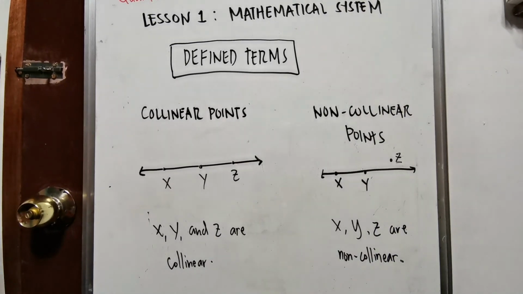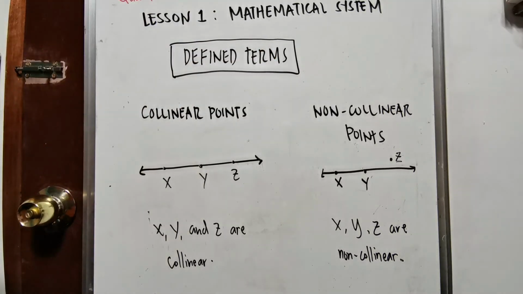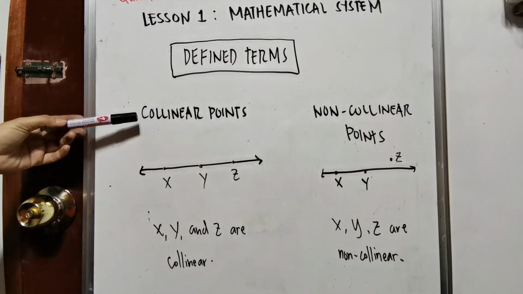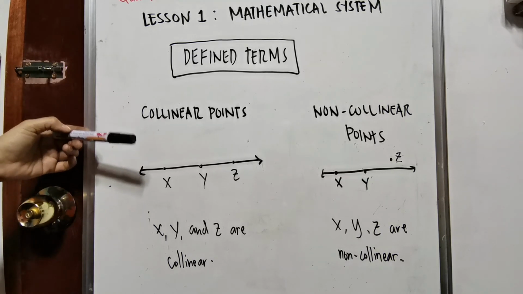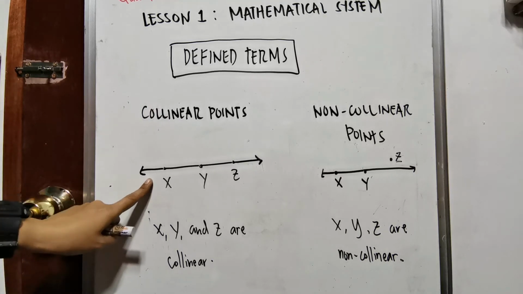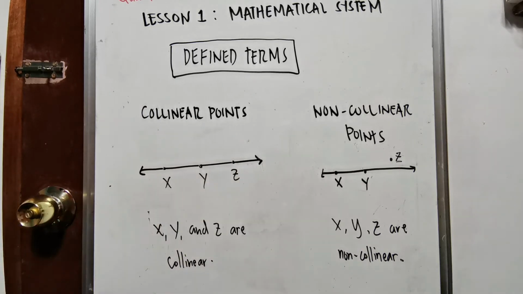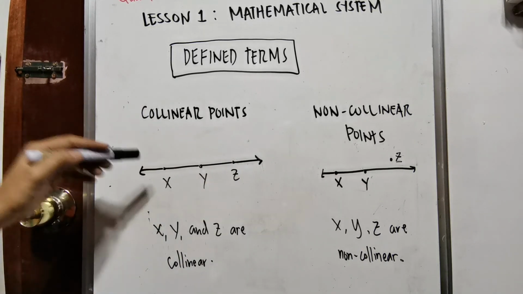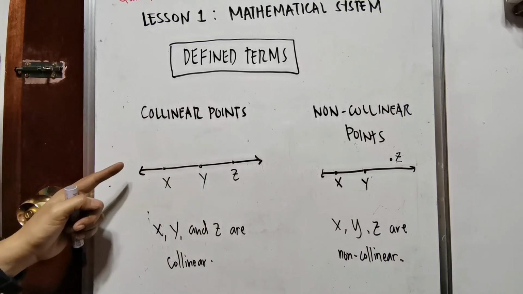Meron din tayong tinatawag na collinear points and non-collinear points. Pag sinabi natin collinear points, these are points that are lying on the same line. If you're going to observe the given example, we have here one line with the given points X, Y, Z, which are all lying on this line.